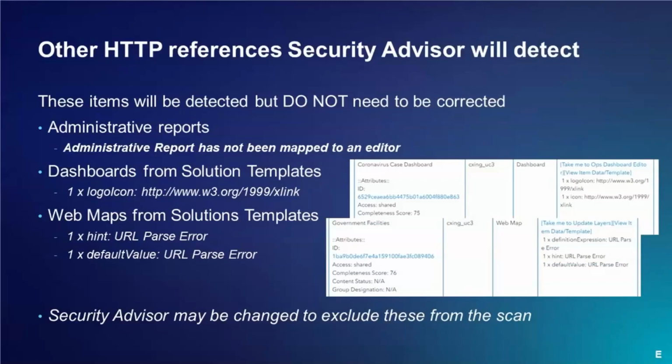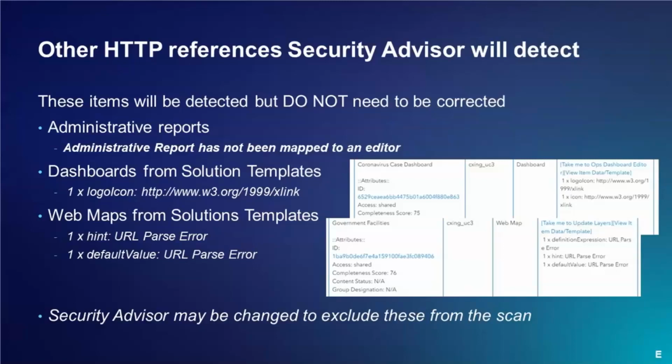Some items that have been deployed from the ArcGIS Solutions templates, like dashboards and web maps, are detected, but they will be fine. What will be picked up includes hard-coded HTTP links to logos, hints, and default values. These have corresponding HTTPS links that will work and won't need to be corrected.